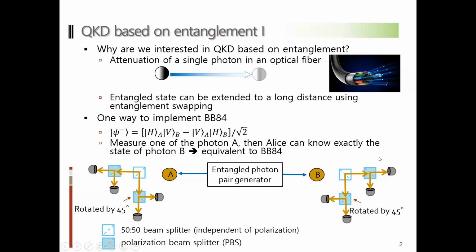If he has this kind of measurement device, then the selection of the basis will be totally random according to quantum mechanics. And even after they have been transmitted, we can detect whether this B photon is horizontal or vertical, or diagonal or anti-diagonal.